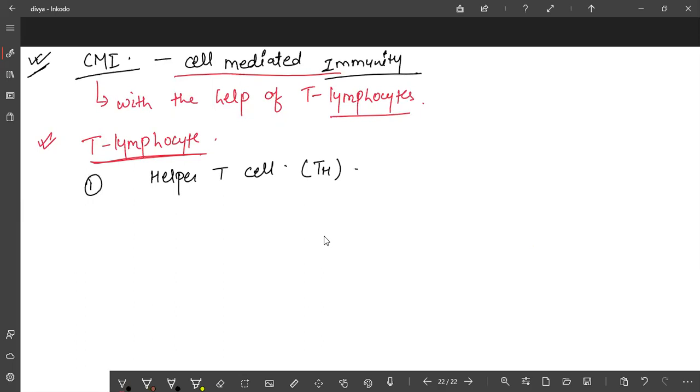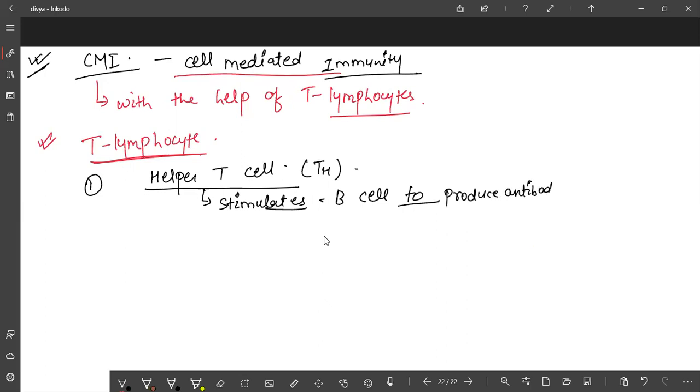What is the function of helper T cell? It stimulates the B cell, B lymphocyte, to produce antibody.